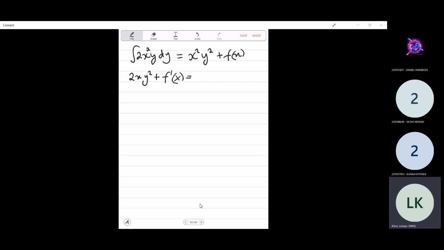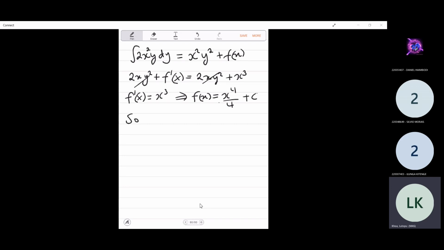and our p is 2x y squared plus x to the power of 3. So f prime of x is equal to x to the power of 3. And this means that f of x is equal to x to the power 4 over 4 plus our constant.